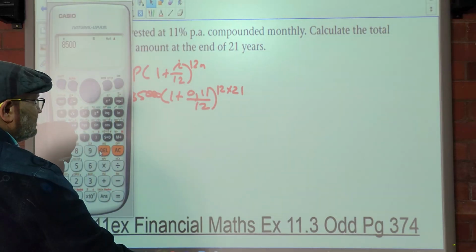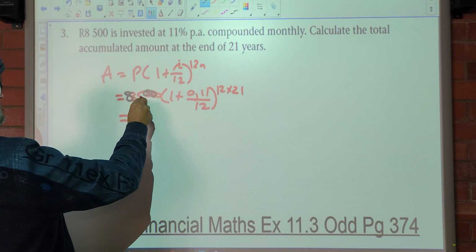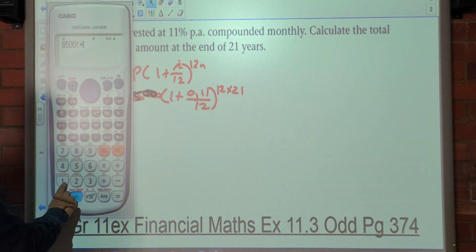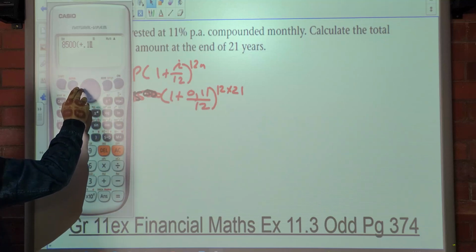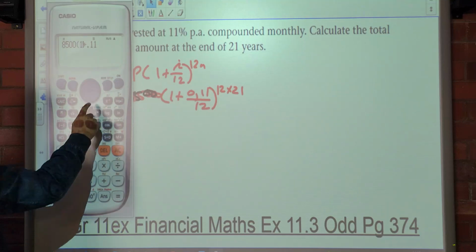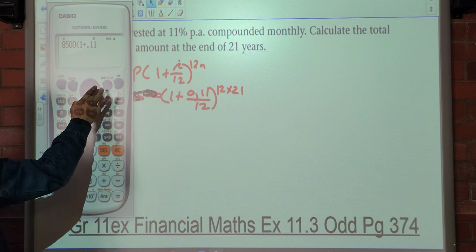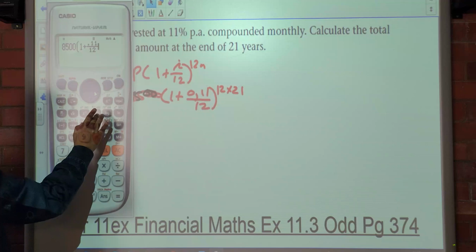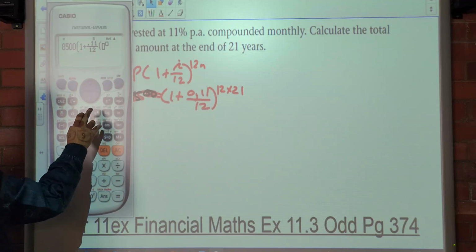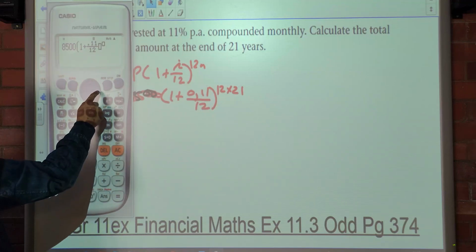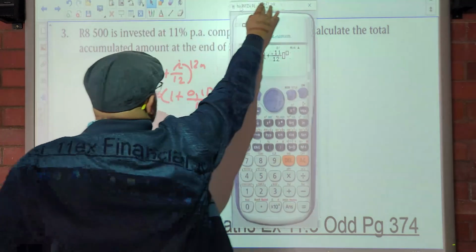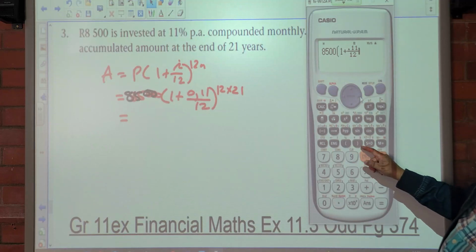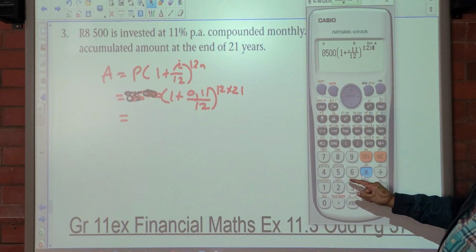So you've got 8,500 into 1 plus 0.11 over 12, to the exponent 12 times 21.